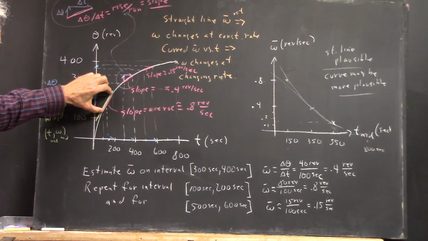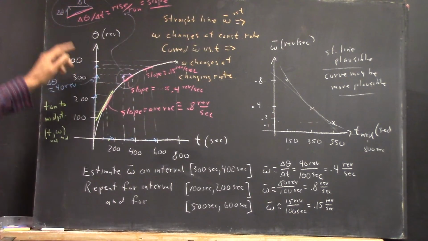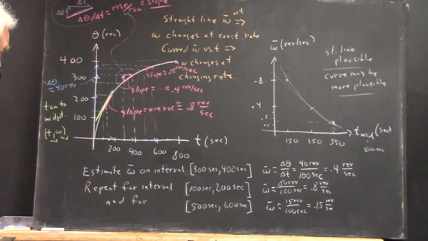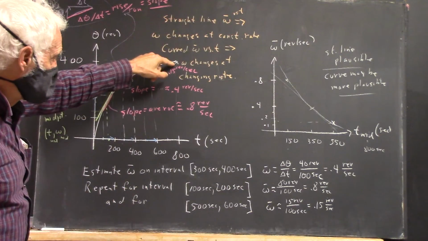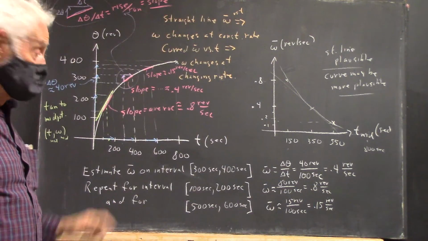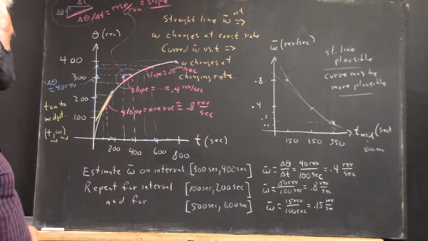The length of each hypotenuse of the triangle is very close to the distance you'd have to move along the curve, right? As long as your interval isn't too big. Now, if you go from here all the way to here, then the curve goes significantly further than the hypotenuse would be from here to here. Okay, now back to this.